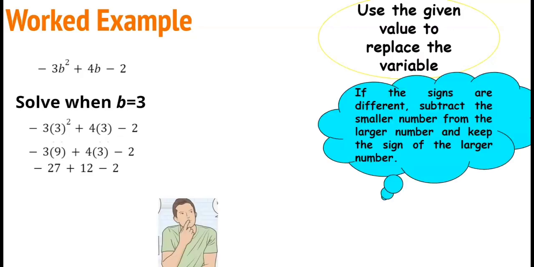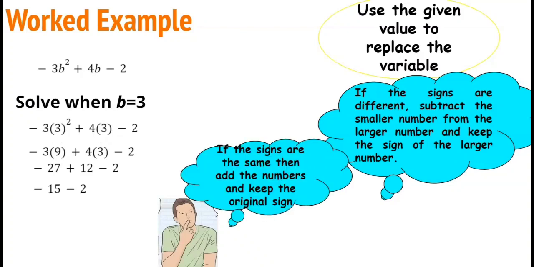When we're adding and subtracting, if the signs are different, then we subtract the smaller number from the larger number and keep the sign of the larger number. So we have negative 27 plus 12. We subtract 12 from 27 and keep the sign of the 27, which is negative. We end up with negative 15 minus 2.